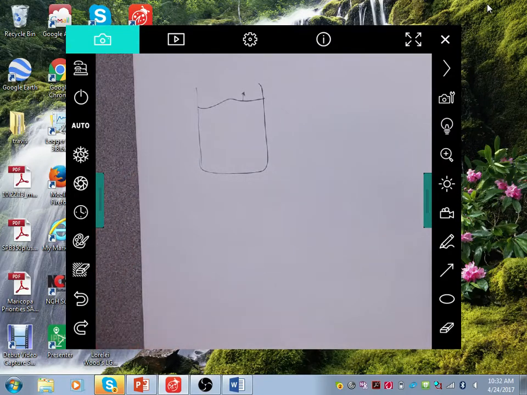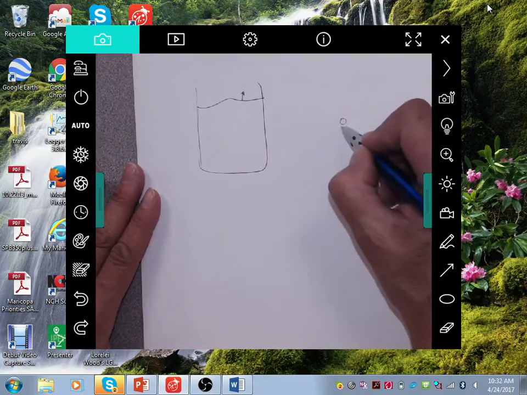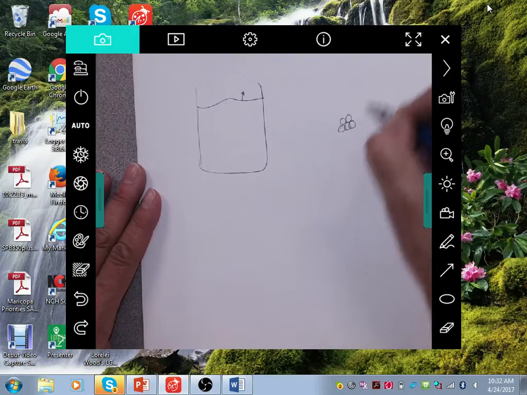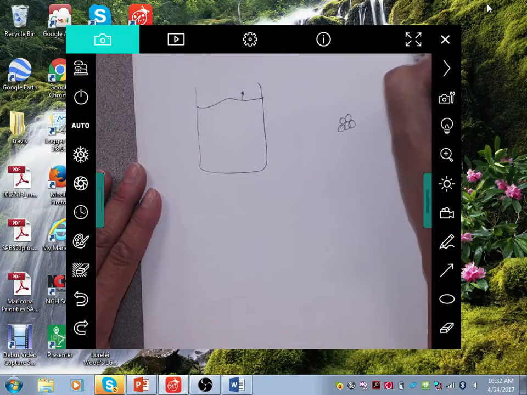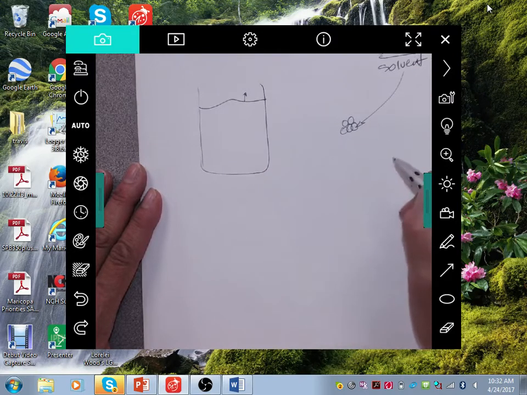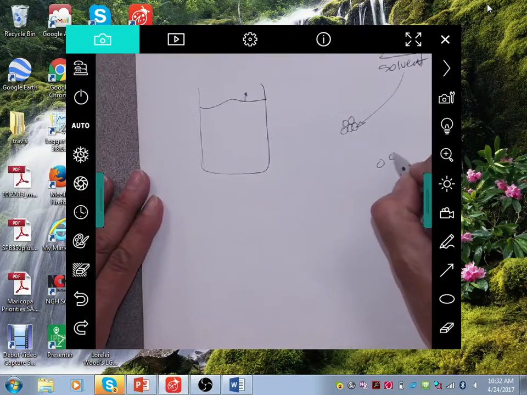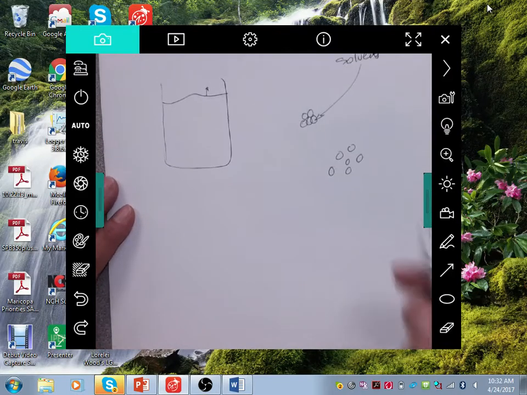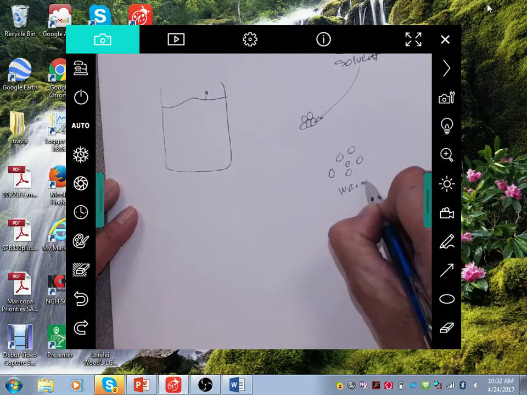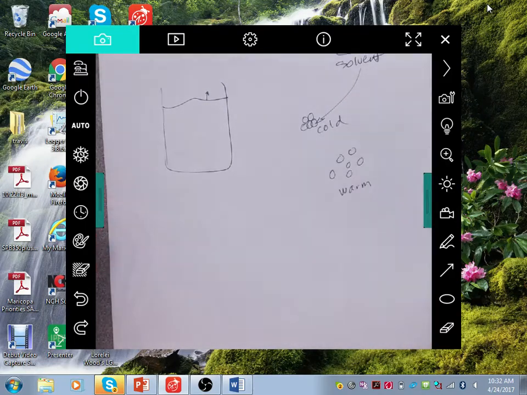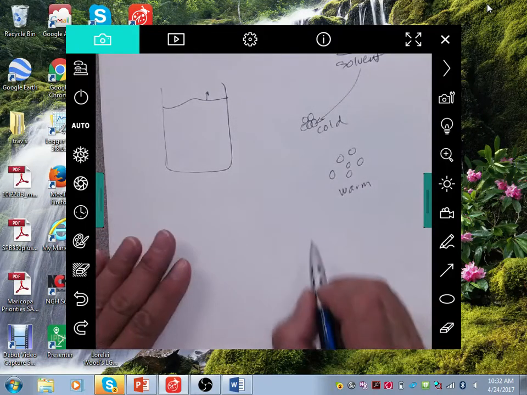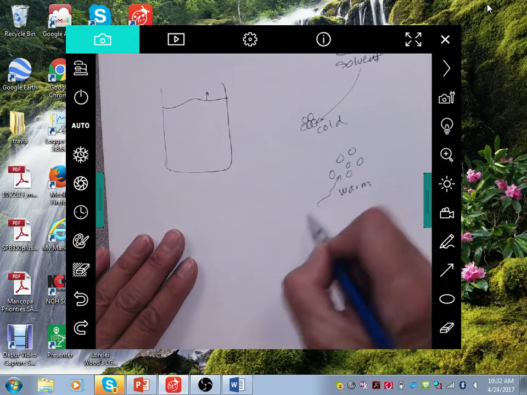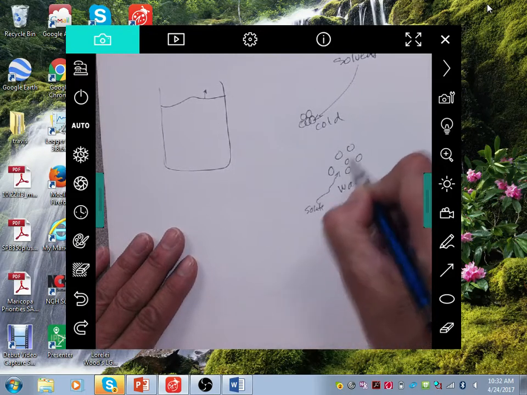Now, if the particles of the solvent, solute versus solvent, are further apart in something that's warm versus cold, then you can get more of the solute particles in between them.